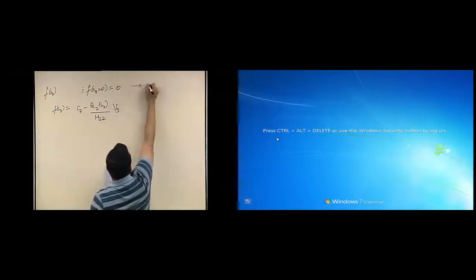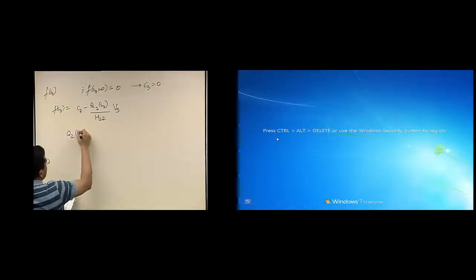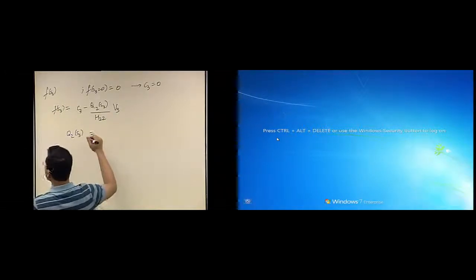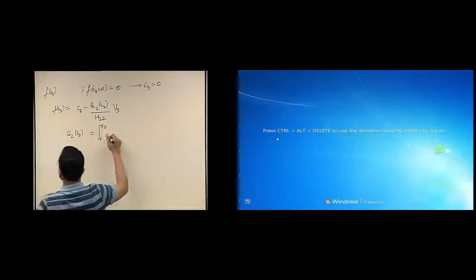So this gives C3 is 0. And now I have to evaluate Q2 of S3, which is the integration from 0 to S3 of E t x3 ds. So what will be x3 here when S3 goes from 0 to S3, or the entire domain 0 to b? It will be the integral from 0 to S3 of E times t times negative h over 2 ds.